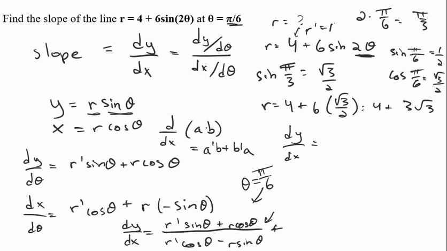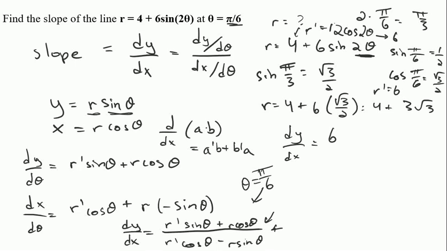It's going to become 12 times cosine 2 theta. And now 12 cosine 2 times pi over 6 is 12 times 1/2, which is 6. So r prime equals 6.